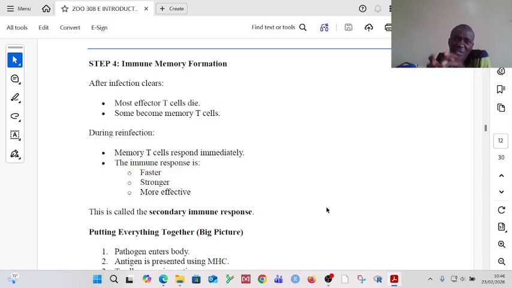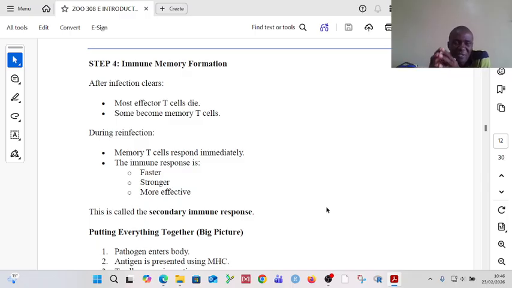Okay? Some of the T cells that helped in the process will not be killed. Not all of them will die. Some will hang around within the body of that particular organism for a given period of time. By hanging around, they've now become what we call the memory T cells.